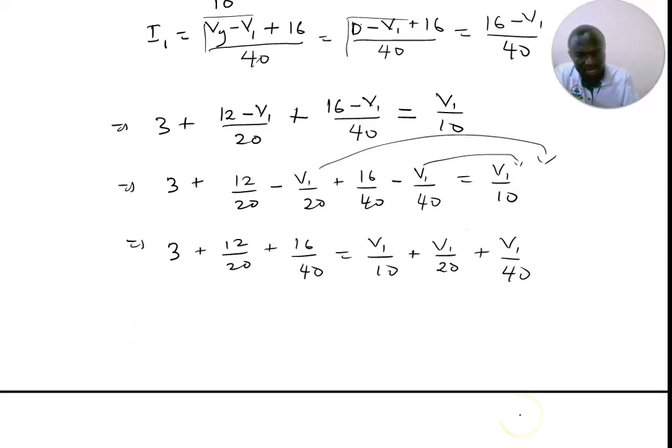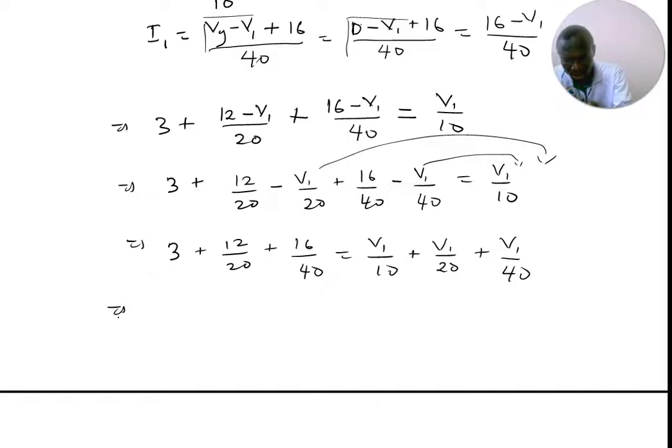Yes, so what do I get again? If I further simplify this one, let me use the calculator straight away. So it's going to be 3 plus 12 on 20 plus 16 on 40.